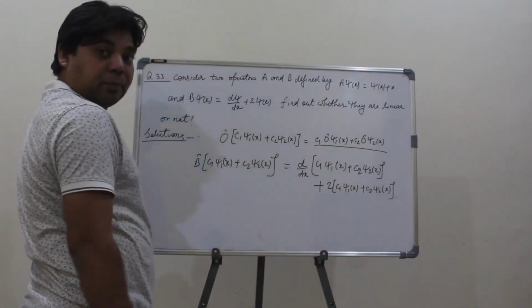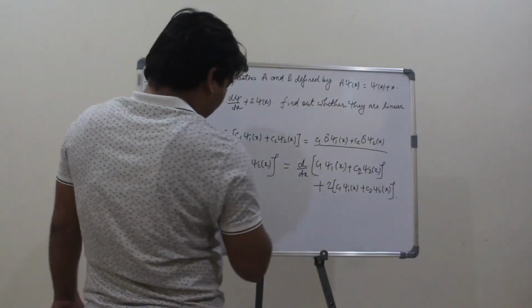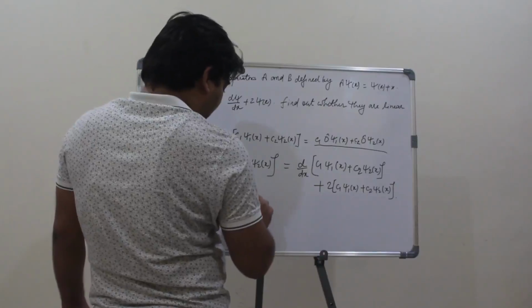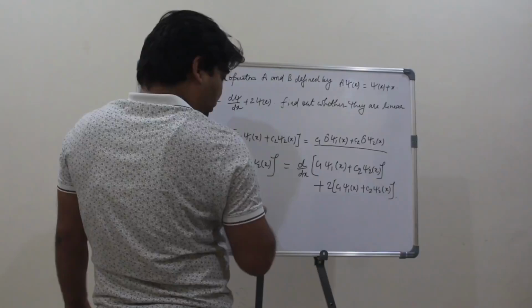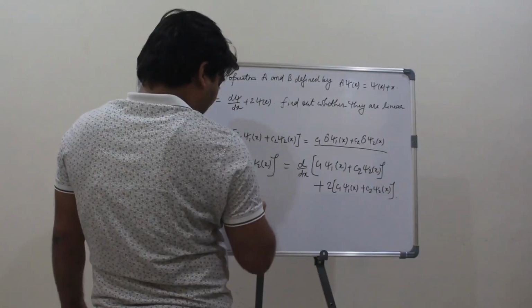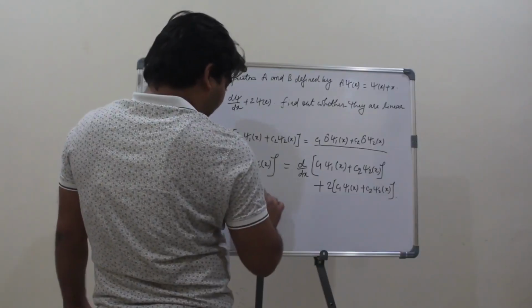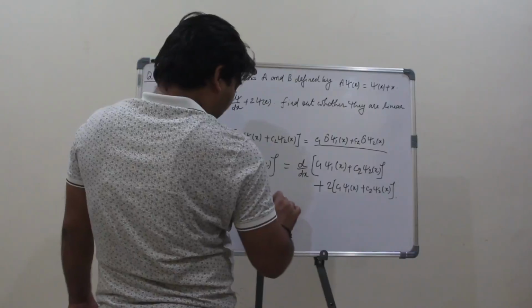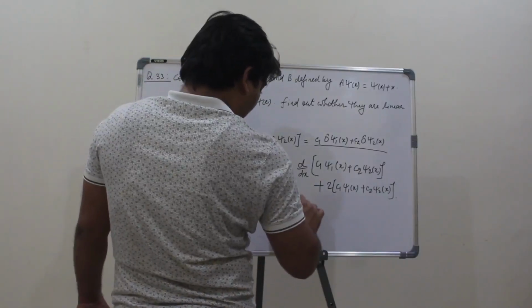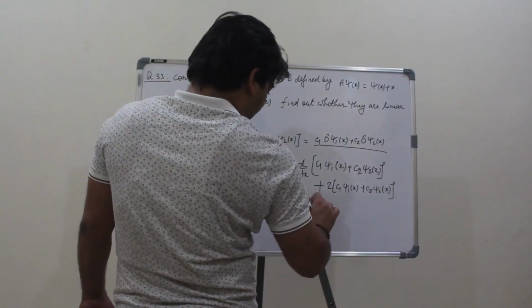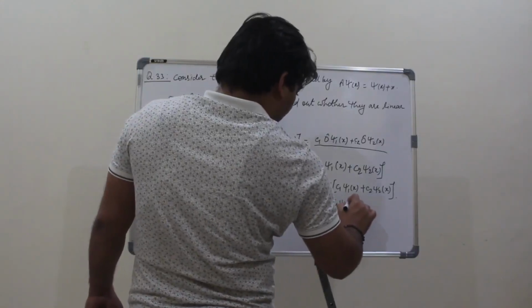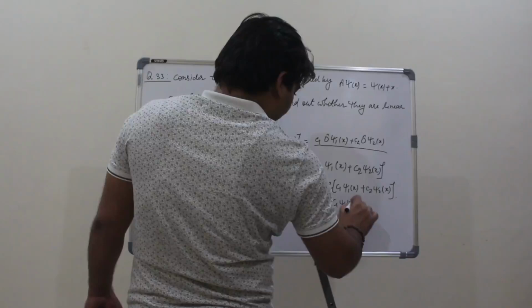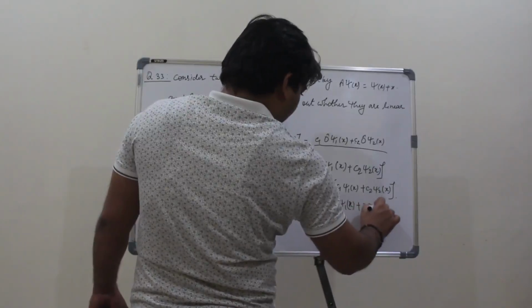Which can be further simplified to write d/dx of c1 psi 1(x) plus c2 d/dx of psi 2(x) plus 2 c1 psi 1(x) plus 2 c2 psi 2(x).